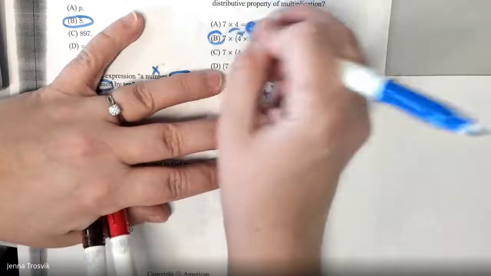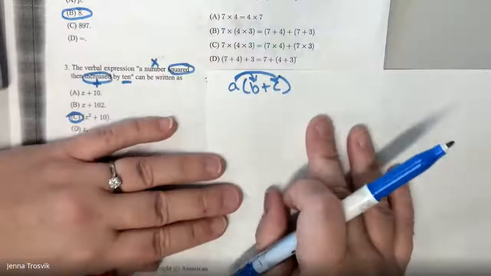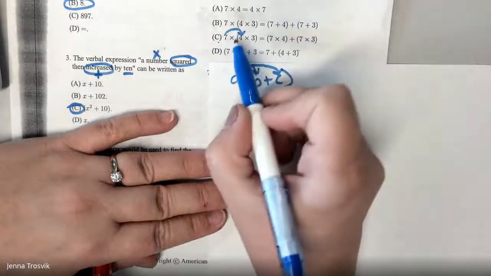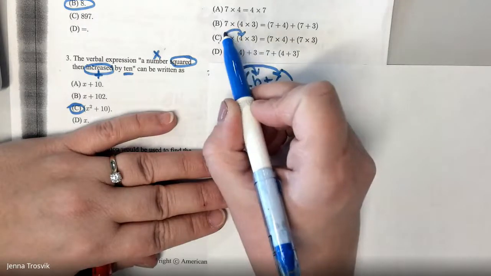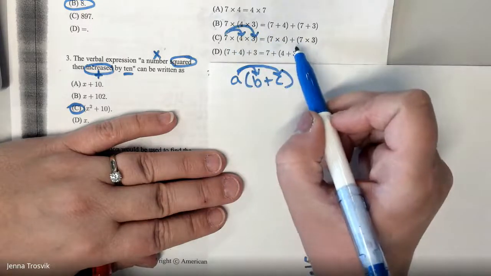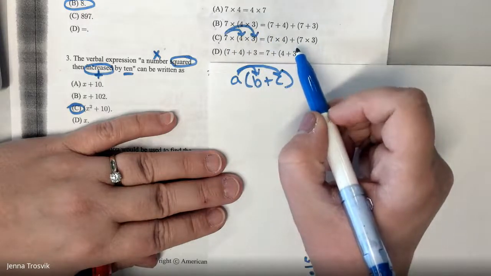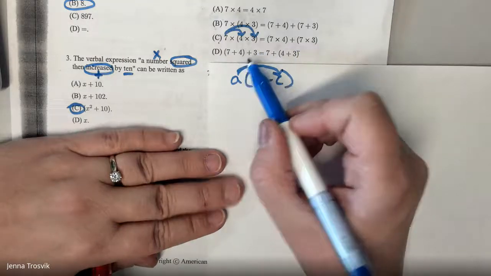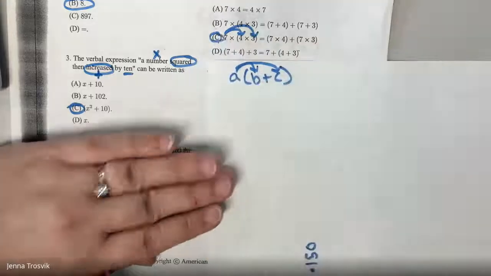It is not B. My best option would be C, 7 times 4, and then I'm multiplying, so 7 times 4 plus 7 times 3. That would be our correct answer.